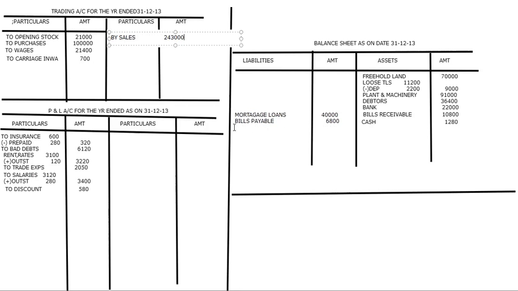Then he gave creditors. So creditors comes into the liability side. So that's why here I'm taking as creditors. 31,200. And then discount he gave. Discount means credit side discount he has given. So credit side only simply we have to post.